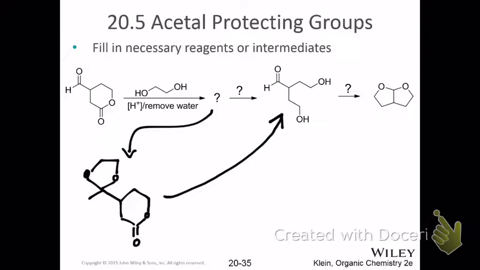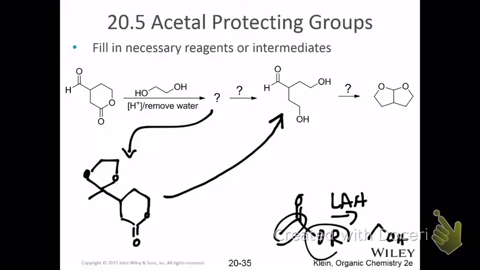LAH. Remember, LAH, lithium aluminum hydride, don't forget these things. If you take this and you go LAH, it'll convert it into a primary alcohol, right? That's this part. But this comes off as an alcohol as well.